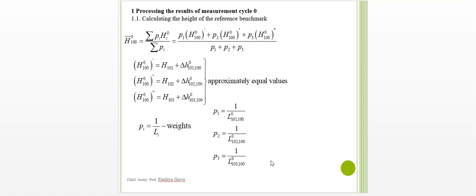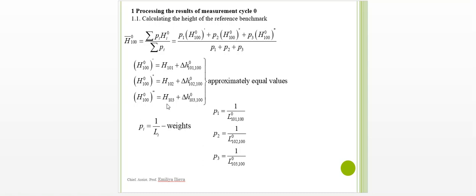Firstly, we will start with processing the results of the first measurement cycle, cycle 0. The first thing that we need to do is to calculate the height of the reference benchmark according to the three different leveling lines to the three different control benchmarks.